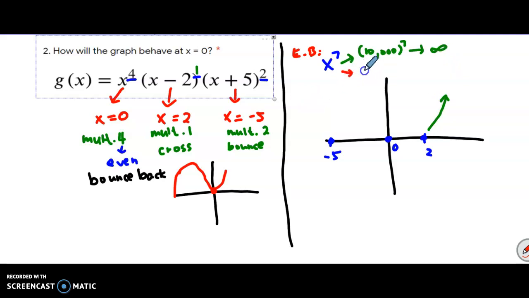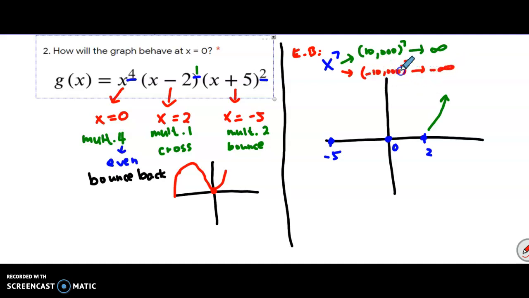You also need to ask, what if x is getting smaller? So let's say negative 10,000 to the 7th power. Now, since it's a negative and that's an odd exponent, the result is going to be a negative number, which means it's actually going down towards negative infinity.